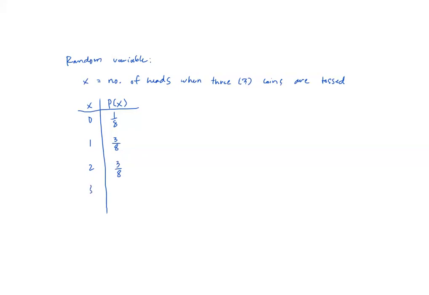And 3, which is the maximum number. Ayan. So based on this, we have to take note that the sum of all probabilities should be 1. And if we check this, 1/8 plus 3/8 plus 3/8 plus 1/8 is equal to 1.